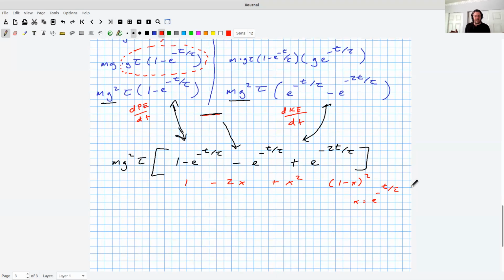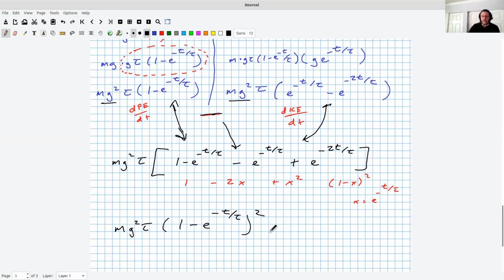Just to say all that explicitly. Basically, I'm going to factor that expression with the exponentials. And I get mg squared tau times (1 minus e to the minus t over tau) squared. That's the difference between the two rates. That's how quickly heat is being generated. That's the answer I'm looking for in the first part of the problem.